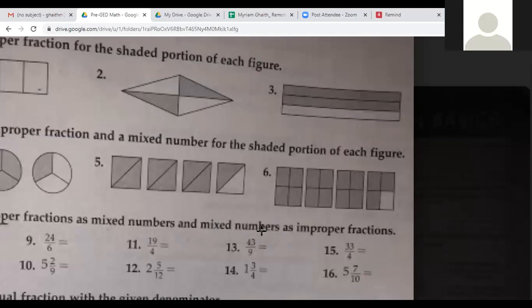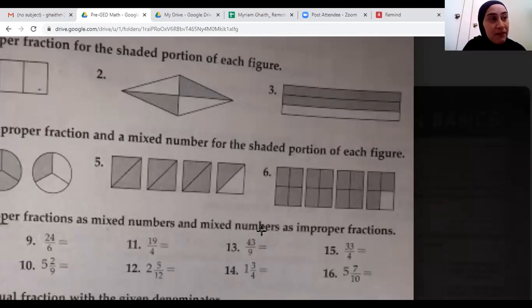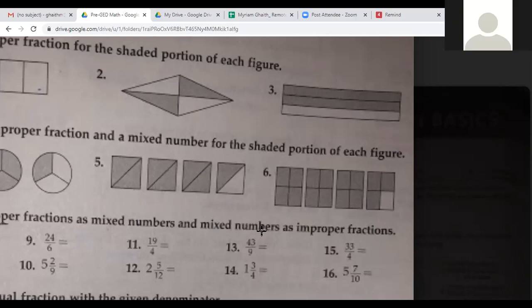The reason I know we can do that is because 2 is divisible by both 2 and 4. If I divide 2 by 2, I get 1 for my numerator. And if I divide 4 by 2, I get 2 for the denominator. So now my new reduced fraction for this figure is 1/2.